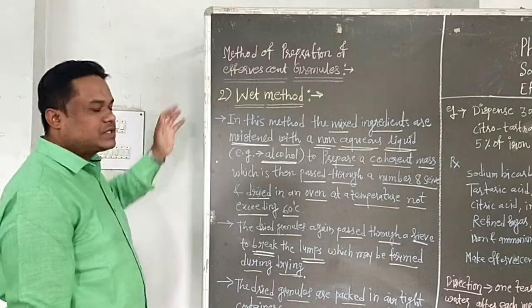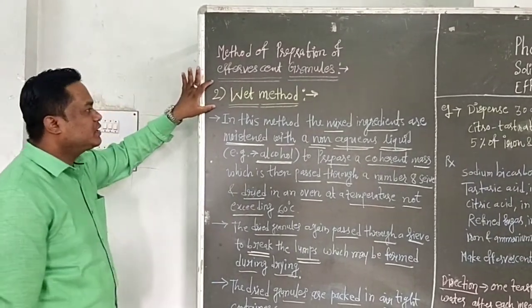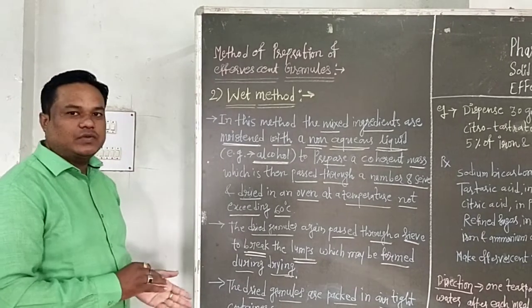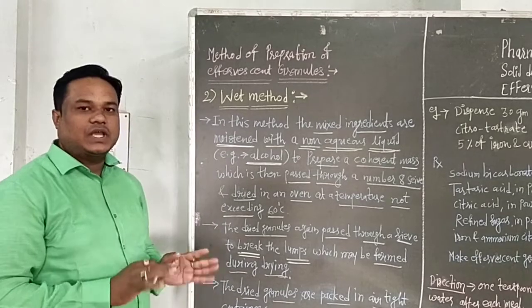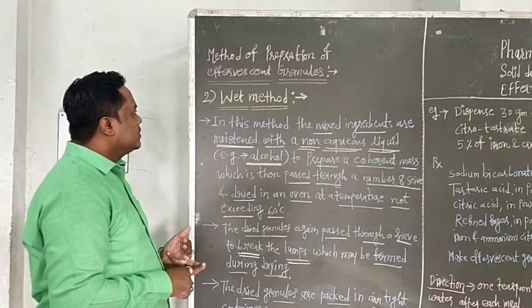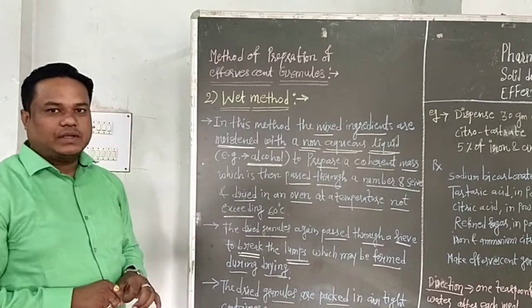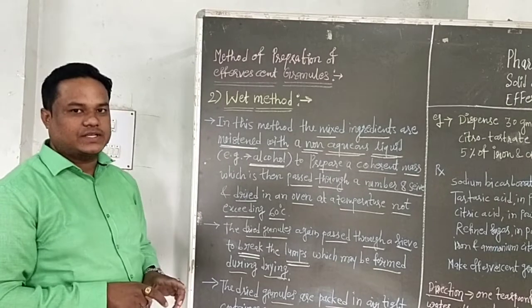Then, in the last lecture, we saw the heat method. What is the difference between the heat method and the wet method? In the heat method, we prepare the effervescent granules with the help of citric acid, tartaric acid, sodium bicarbonate, along with the medicament, and sometimes saccharin and sucrose are added as a sweetening agent.